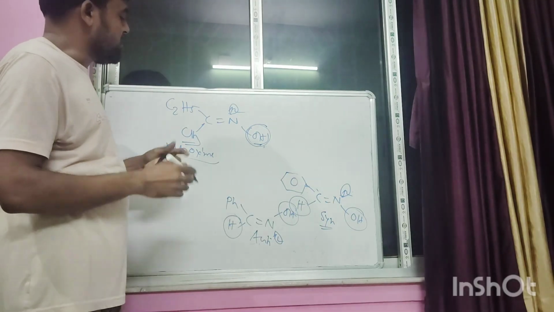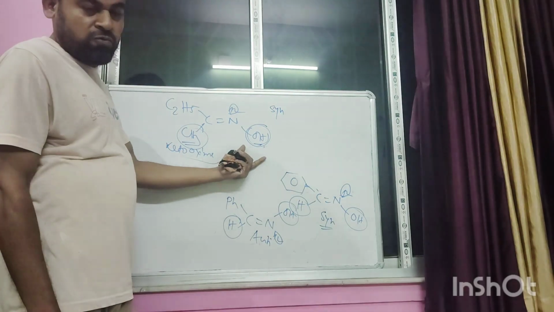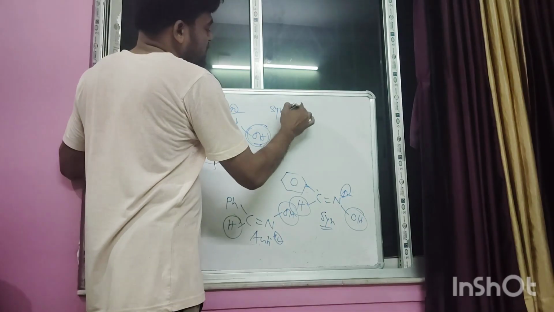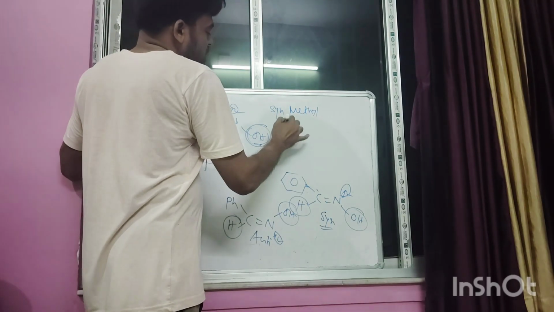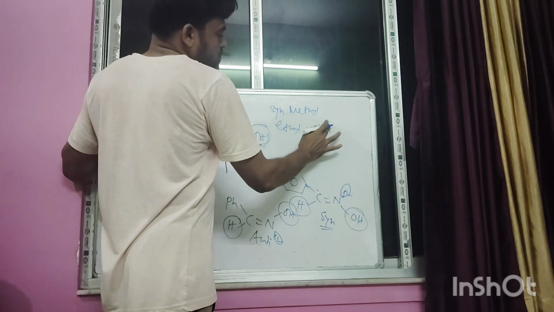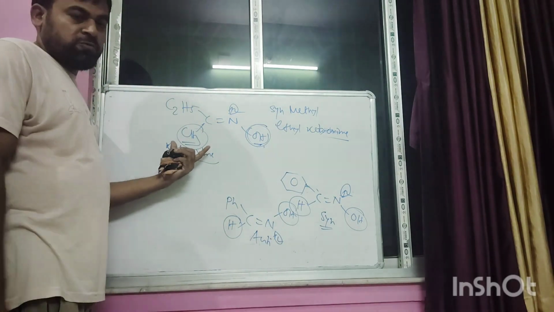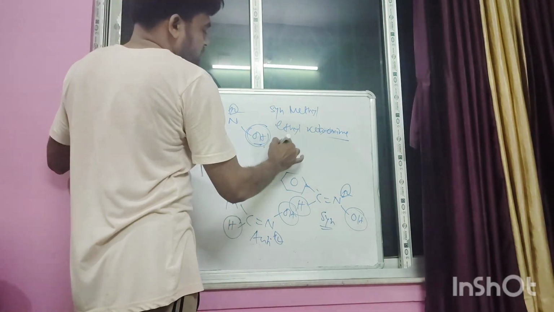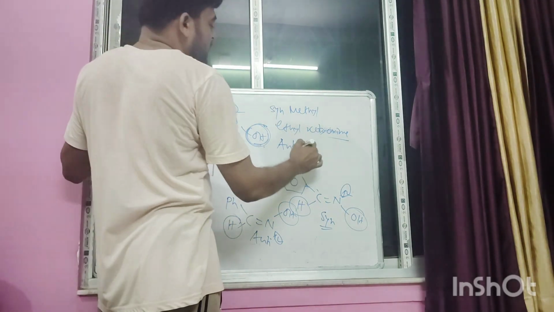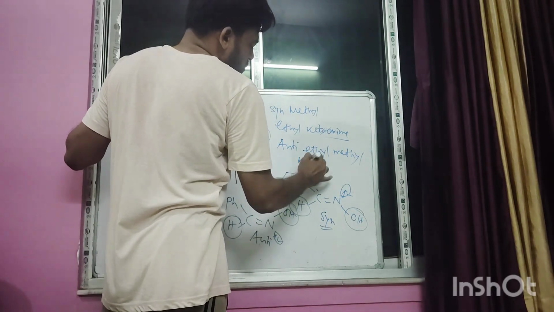So its name is syn methyl ethyl ketoxime. Or it can be written as anti with respect to OH, C2H5 is anti with respect to OH, so anti ethyl methyl ketoxime.